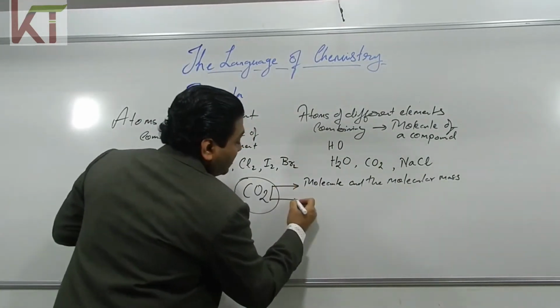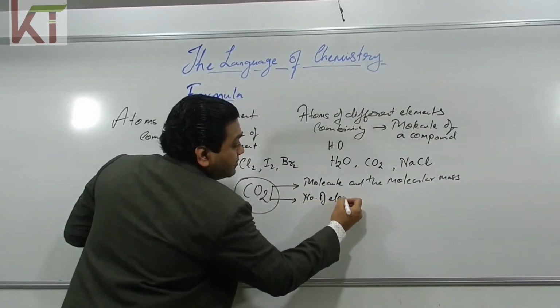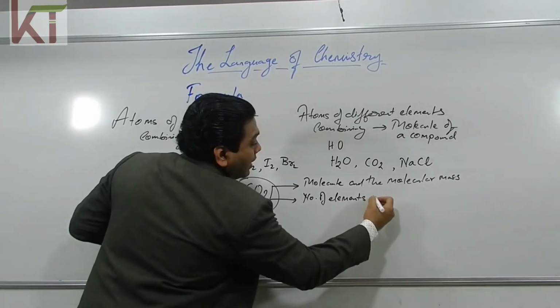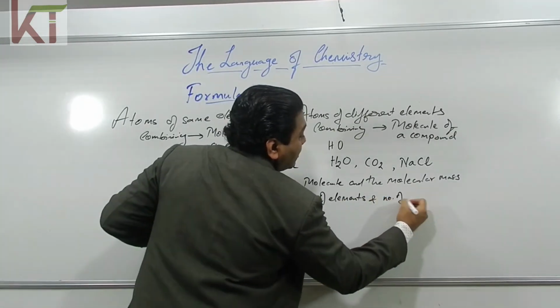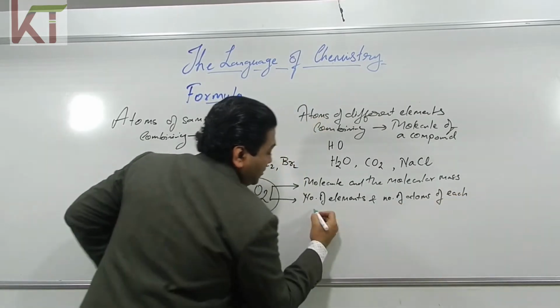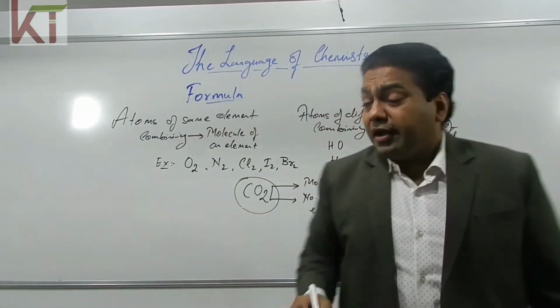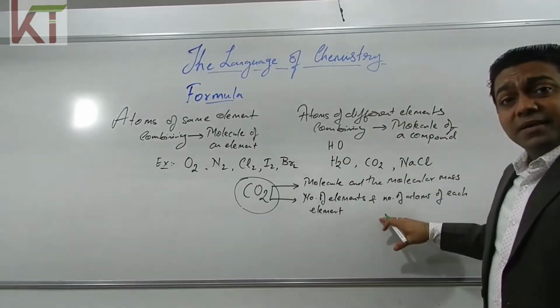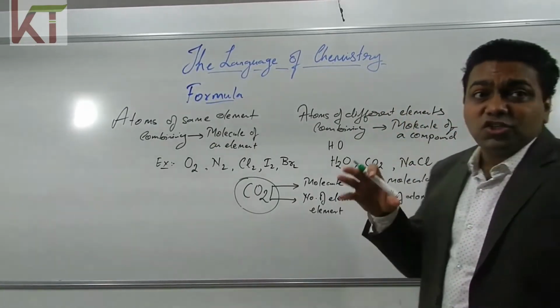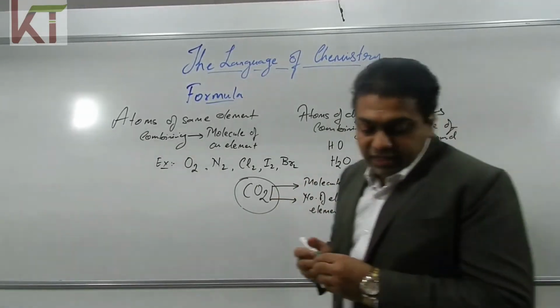So the second information is the number of elements and the number of atoms of each element. That's what I come to know from here.